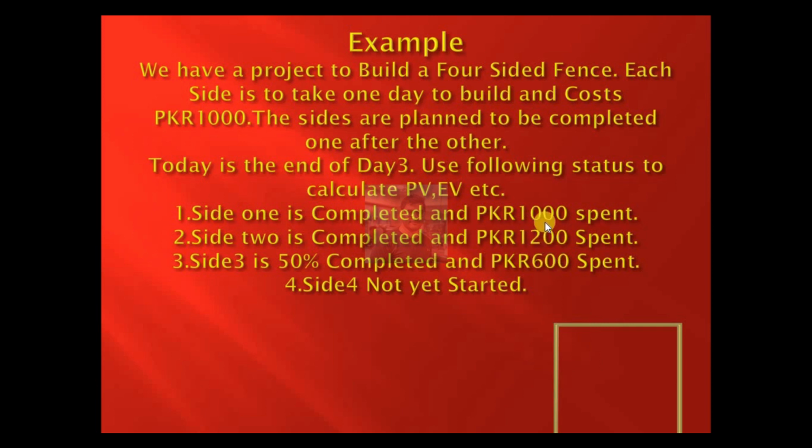This is actual cost: 1,000, 1,200, 600, total 2,800. And earned value is that you have completed two and a half sides, meaning 2,000 plus 500, 2,500. These data you can take from this example, and the other factors we will calculate.